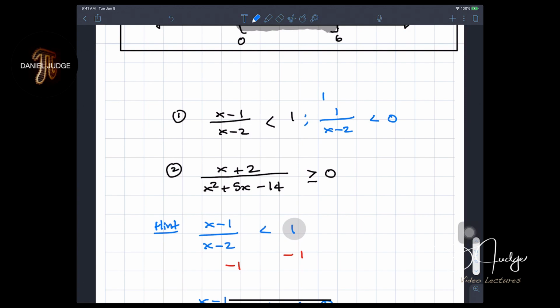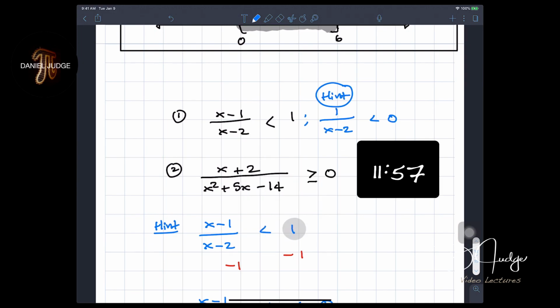This is the hint. It's actually a lot more than the hint, but I want you guys to do sign analysis for these two, and I'll give you some time to do that. Okay. So let's get out the clock and see what you guys can get for these, doing sign analysis. And we'll get you started.